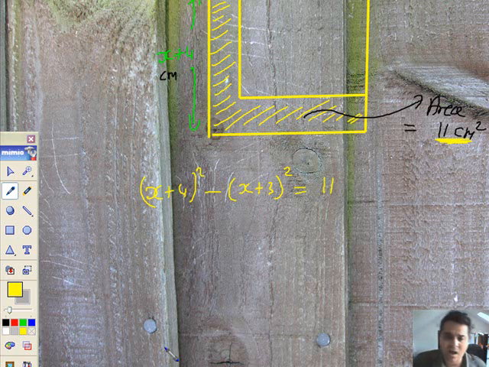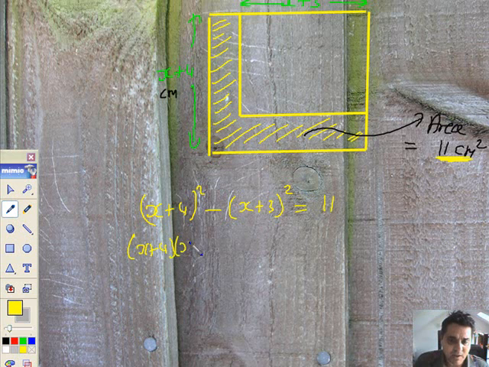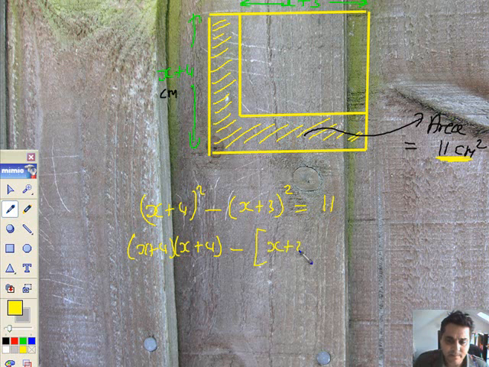Many of you would now say, oh, sir, that's x plus 16. No, it's not x plus 16. And I feel I have to show you why it's not. It's x plus 4 multiplied by x plus 4 subtract x plus 3 multiplied by x plus 3. Alright? That's why it's more complicated than it looks.